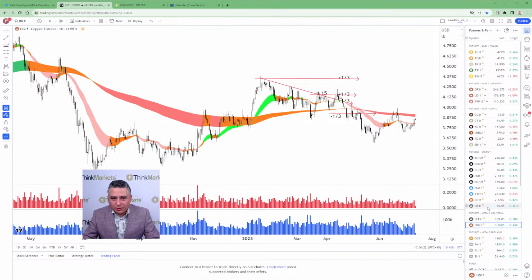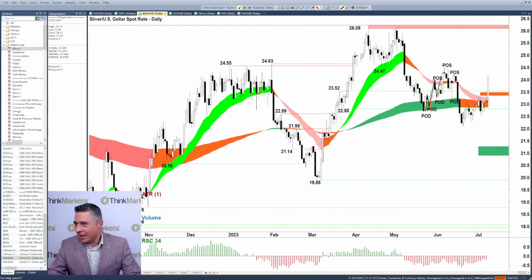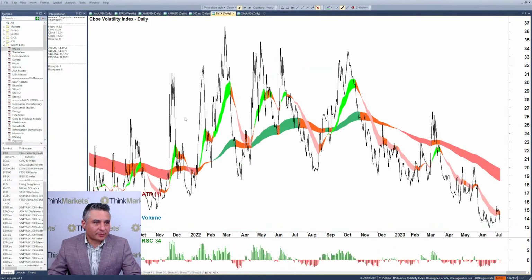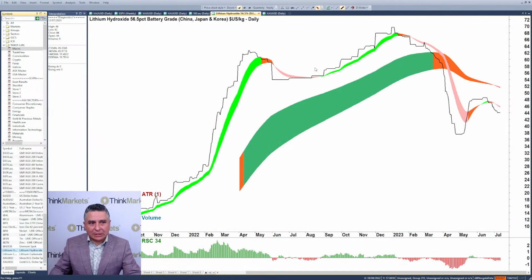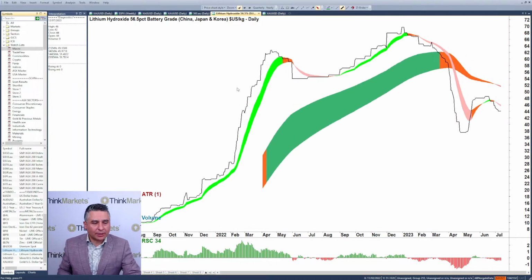And of course, we would be remiss in discussing commodities without talking about everybody's favorite. And we're going to head over here and have a look at lithium. Firstly, lithium hydroxide. Let's zoom out a little bit, get a bit of perspective there. And I have been on record saying that the next move would be the decisive move. Oops.